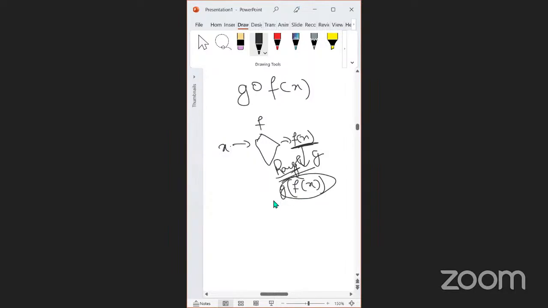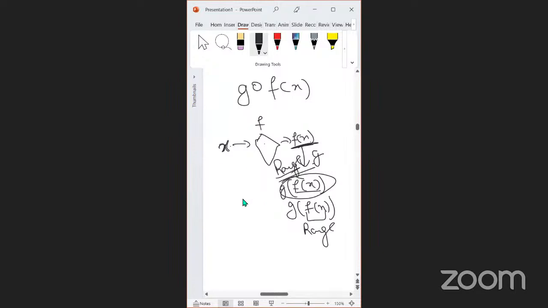Sir, you can speak in Hindi, it gets a little confusing. Okay, so in g of f of x, the values going into the g function will be from the range of f of x, because x will go inside function f first and f of x will come, then f of x will go into function g, then g of f of x will come, right? For that we first calculated the range, and the question said the range of f of x is a subset.